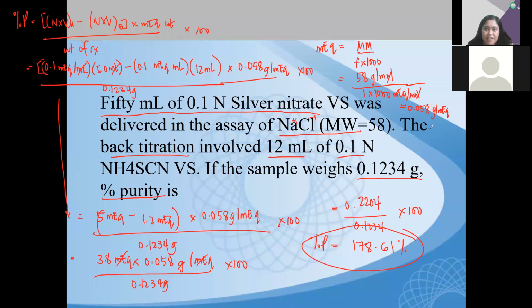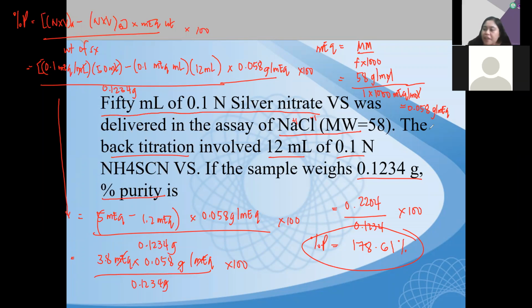Most of you got the correct answer. For those who did not get 178.61, what happened? There is no negative answer in percent purity.